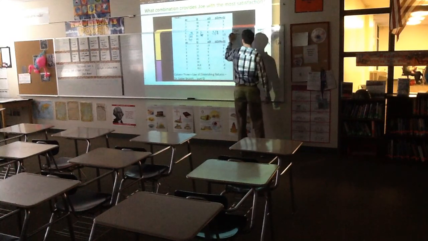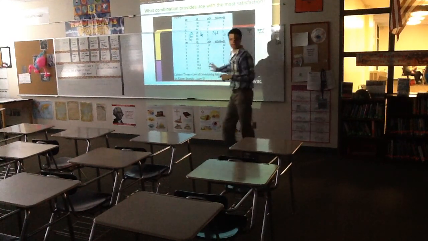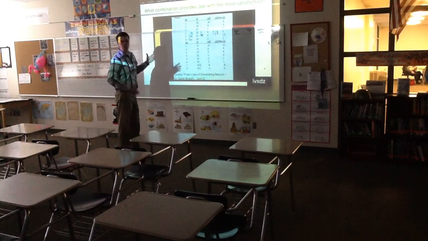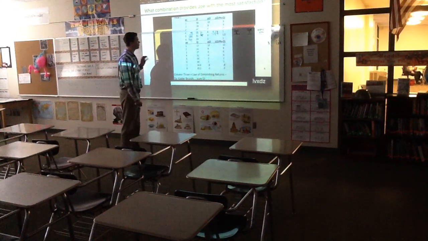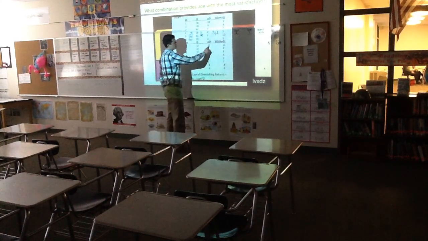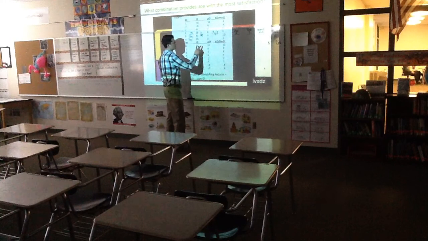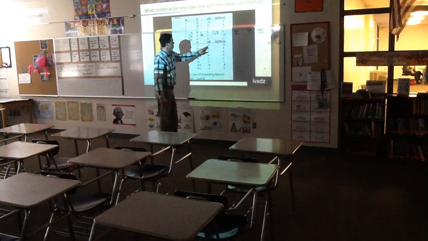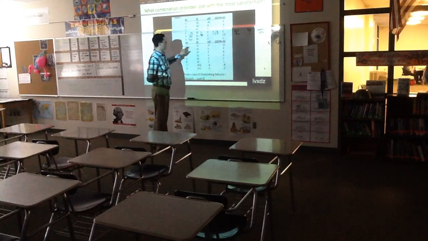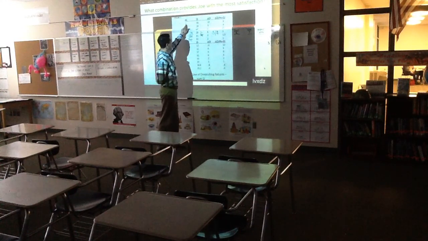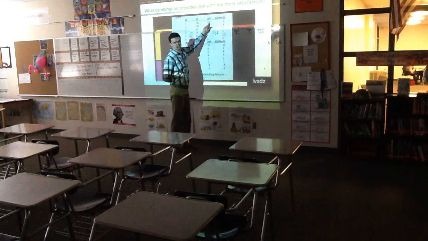So this is total cost. As I look up here, if I ask the question, which should we buy first? Which will bring him the most happiness? A lot of you will look right here and say here, because he gains 12 units of happiness. And you'd be correct, because he buys one hot dog, he gets 12 units of happiness. If he buys one cola, he only gets 10 units of happiness.